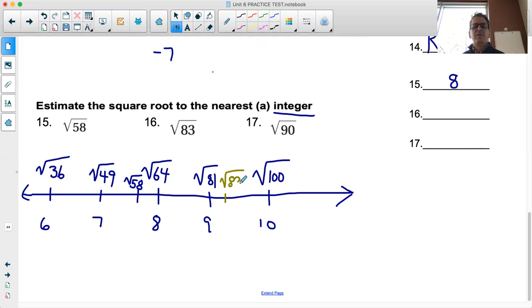It is only 2 numbers past 81, and it's 17 numbers from 100. So for number 16, the square root of 83 is closer to 9, the square root of 81, than it is to the square root of 100, which would be 10. So the integer closest to the square root of 83 would be 9.